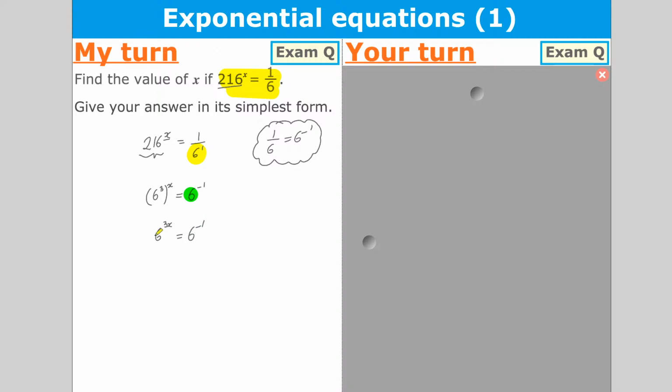Because the base is the same, they're both 6, if these two things are the same, 3x must equal -1. So 3x is equal to -1. Dividing both sides by 3 to get a single x, I get the answer x is equal to -1/3. Don't write it in other forms, just write -1/3.